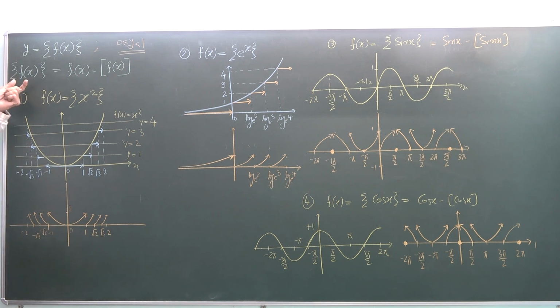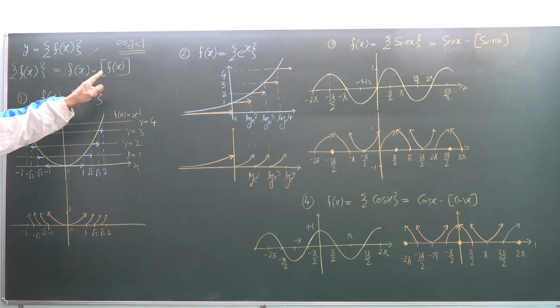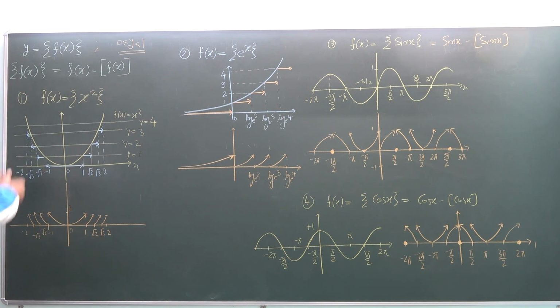Second thing, fractional part of f(x) equals f(x) minus greatest integer of f(x). So suppose my first graph is f(x) equals fractional part of x square, which means first we draw x square, then we calculate greatest integer of f(x), means greatest integer of x square. These blue lines we have already done.